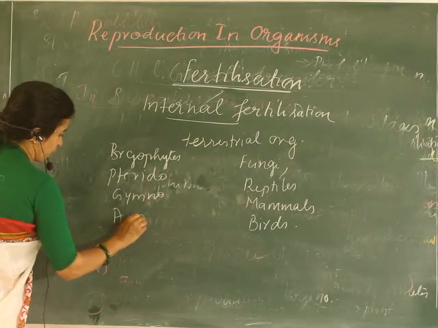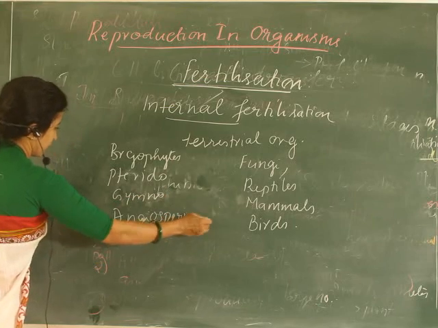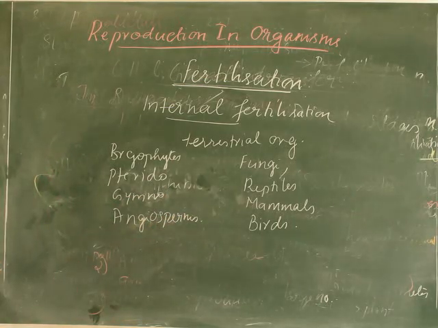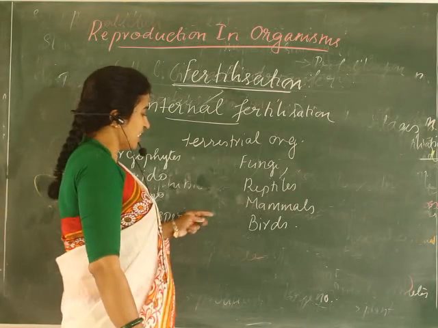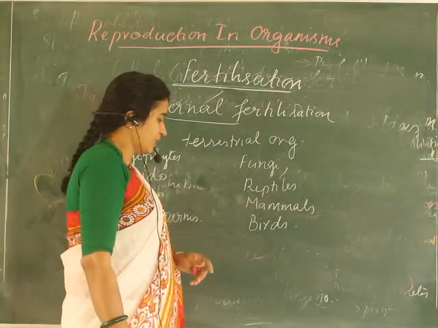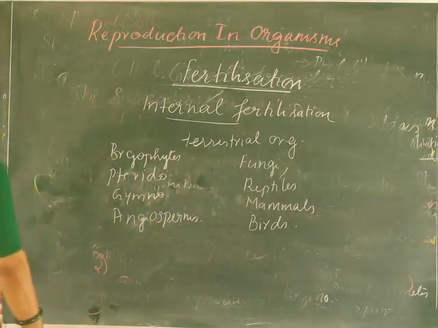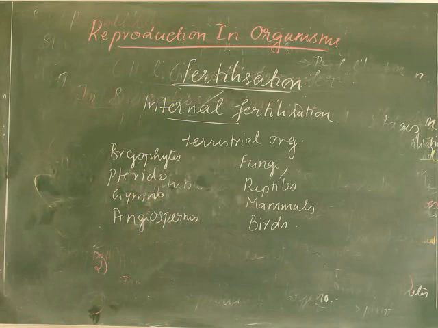All these groups of plants follow internal fertilization, where fertilization occurs inside the body of the organism. So here, the egg is formed. We can see this in birds: the egg is formed inside their body, inside the female body.